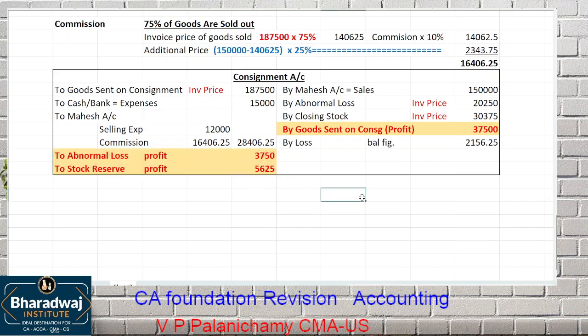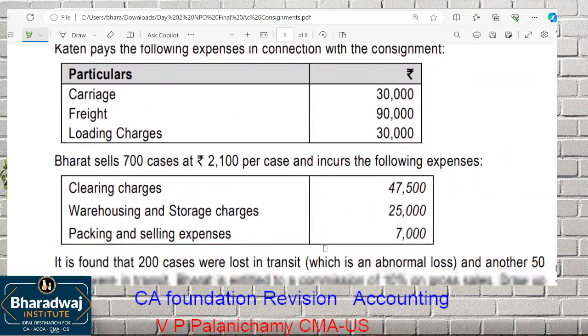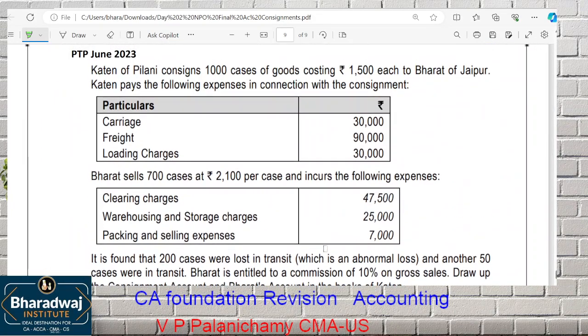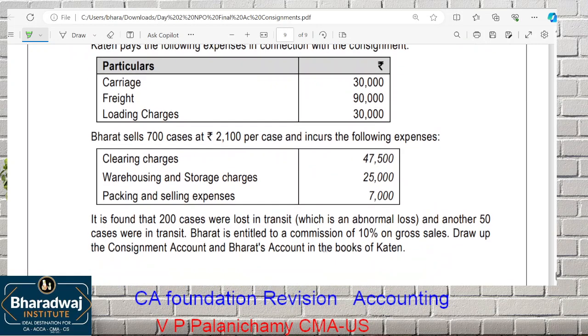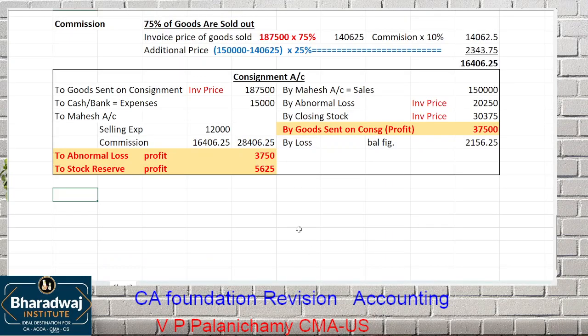Invoice price. Read the next question after this. Copy this, then read the next question.